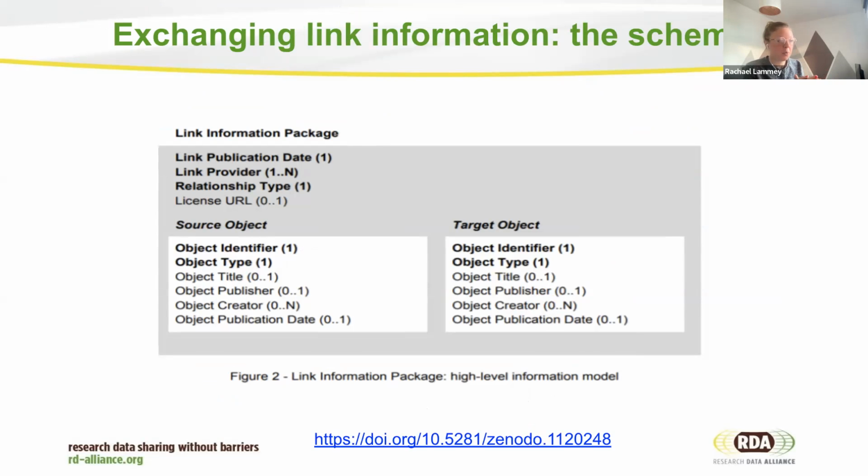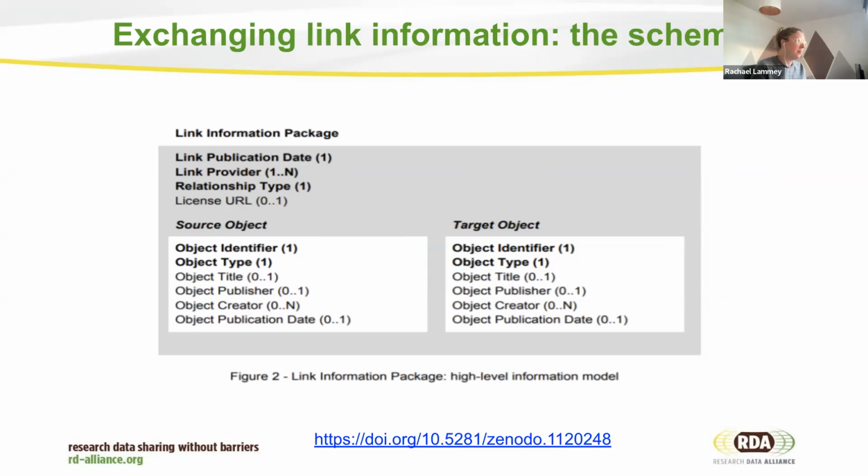So an example in our case would be the DataCite DOI that's being referenced in a research article or a preprint. And then we link those together using one of a set of relationships. And the inference is that if you want to go and find out more about that item, then that metadata is openly available via one of those hubs.